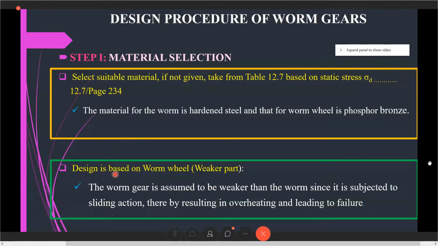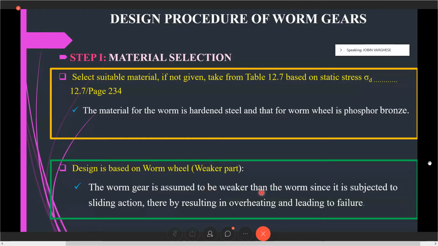Next, we will find the weaker part. Always we design the gear based on the weaker part. Here we are not following the same procedure as we followed for the bevel gears and the helical gear. Here we take the worm wheel as the weaker one. The reason is that the worm wheel always slides over the worm, because of the structure and the helix angle.